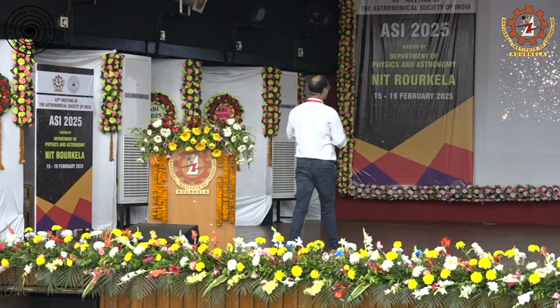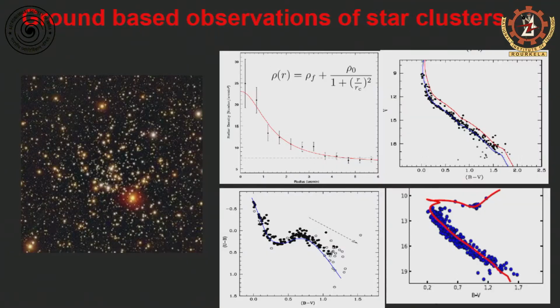So we have observed star clusters from different telescopes, a lot of clusters in the last 30-40 years in fact, and we have determined their parameters. Now, how to see the dimension of the star cluster?